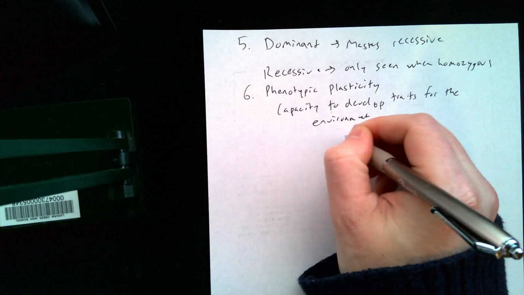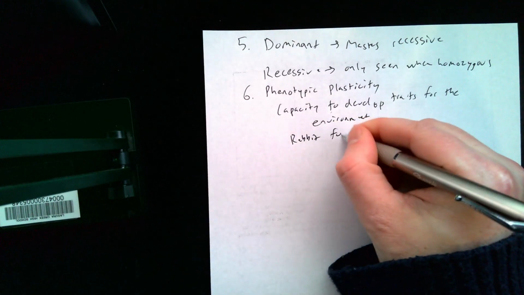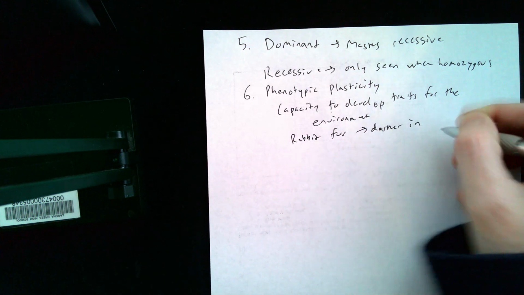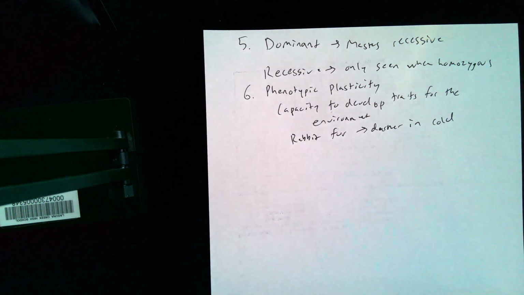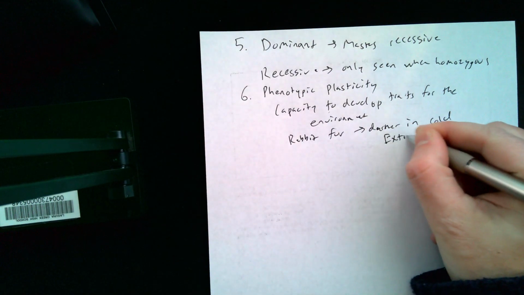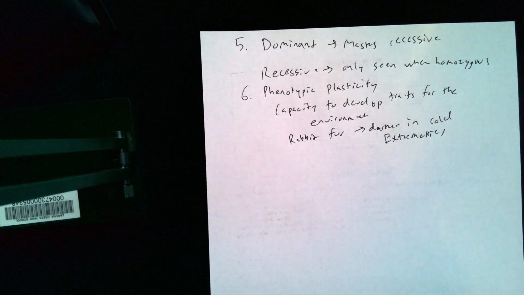So this is something that is changing, and the classic example is the rabbit with the fur that gets darker in the cold because it needs to absorb the heat, especially in the extremities, so that those don't freeze or get frostbite. And so what it does is it goes back and forth, triggered by the environment.